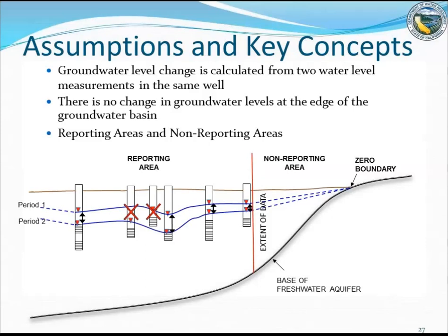It's just an assumption that we do. It has to do with the geometry of how the tool runs its numbers and calculates its volumes. So this is a very necessary assumption to be able to estimate change in storage. It allows us to not have to know everything about the geometry of the actual groundwater basin. So it simplifies those complex systems.